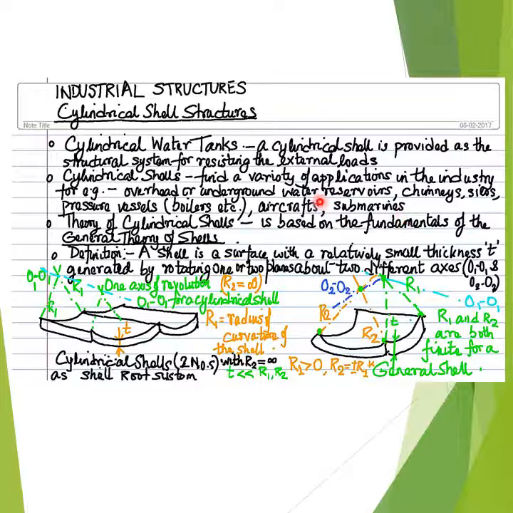Submarines, in which a large part of the body of the submarine is a cylindrical shell, is an example of the application of cylindrical shell in the naval or marine industry as a naval structure or a marine structure.